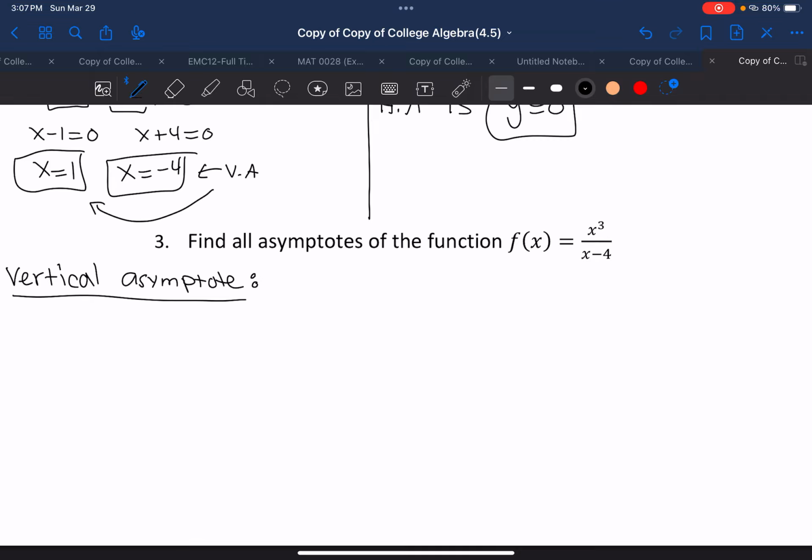The top and the bottom are already factored here. And so I can just take the denominator and set it equal to 0, add 4 to both sides, so x equals 4 is my vertical asymptote. And the domain of this function would be all values except for 4.